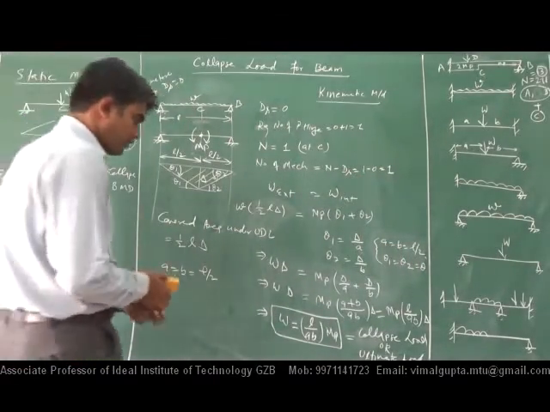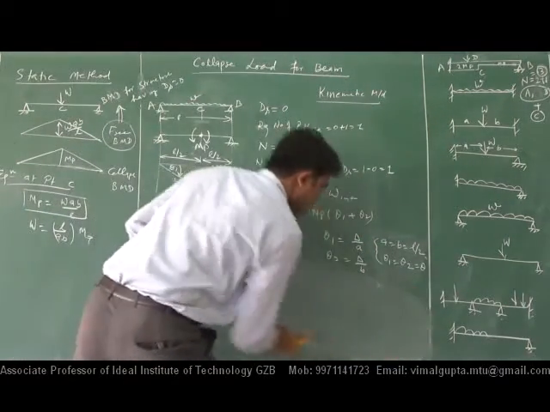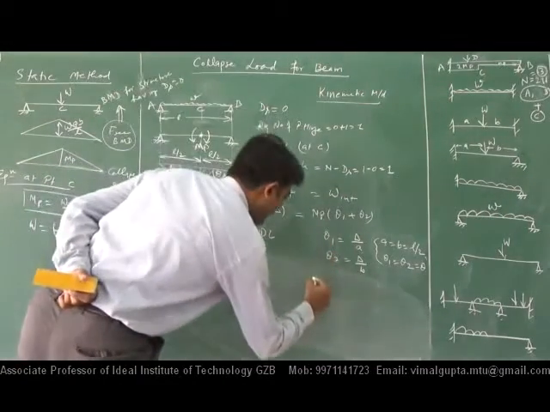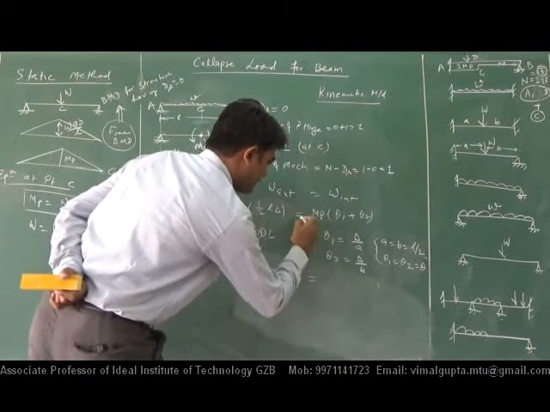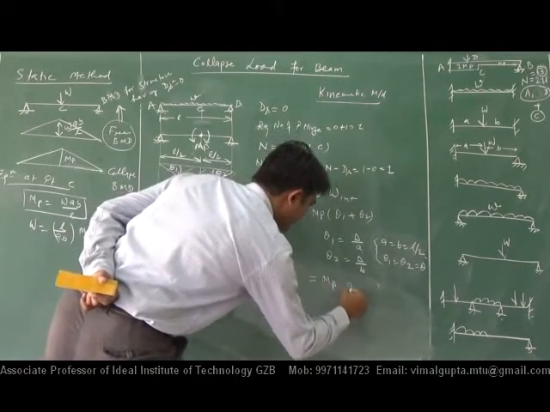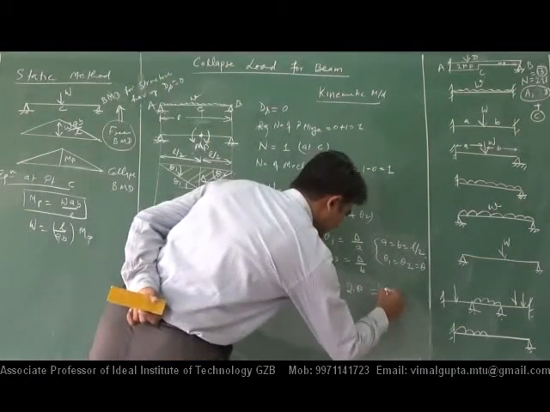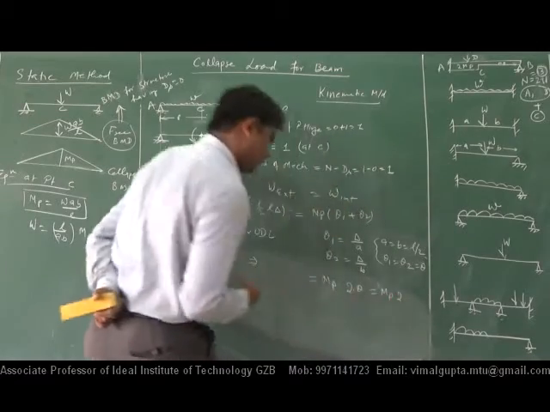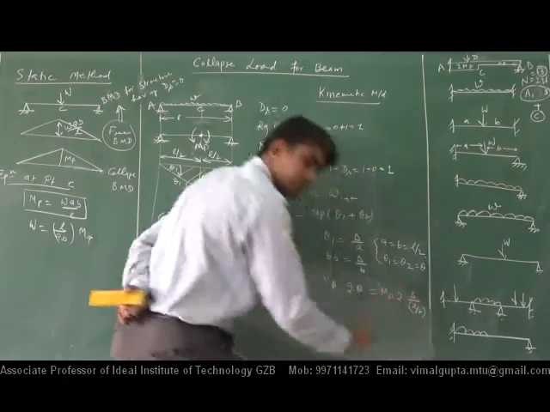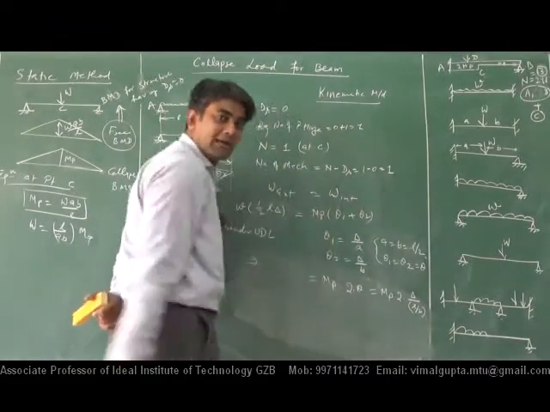Now the value I will have is MP into double times theta, and it will be 2 times theta, meaning delta by L by 2, because A is L by 2 here.